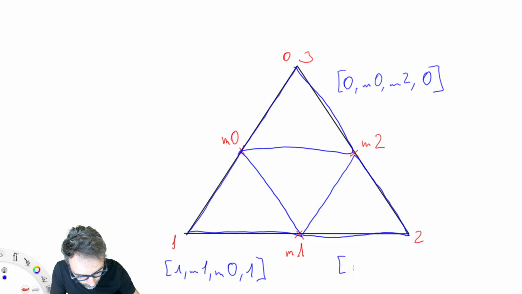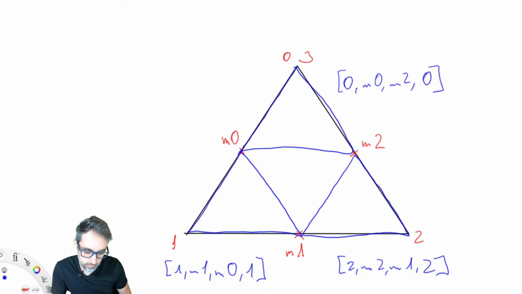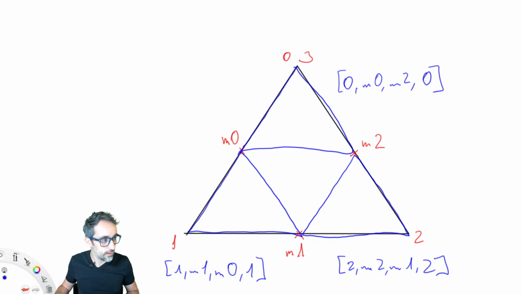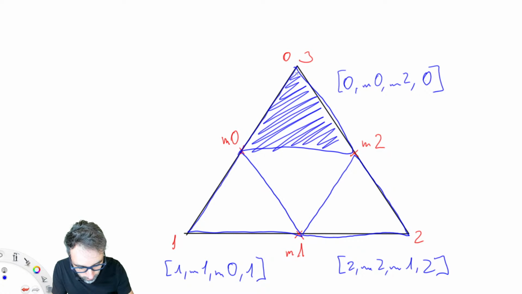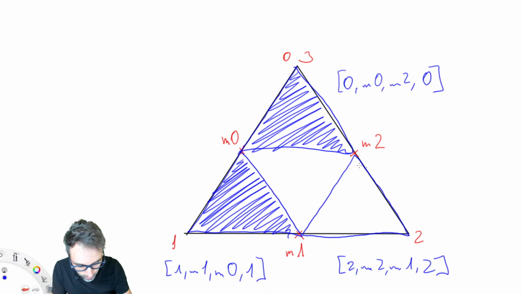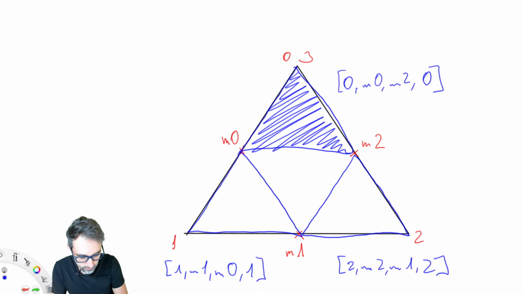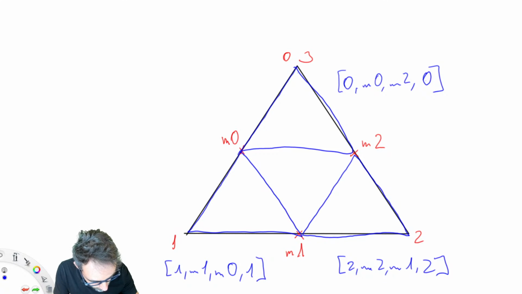This one is going to be 2, M2, M1, and 2. Yeah, I think that makes sense. All right, and this is just going to be fairly easy, right? And then just maybe I can do that in each one of the actual triangles. Why not?